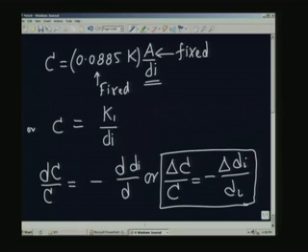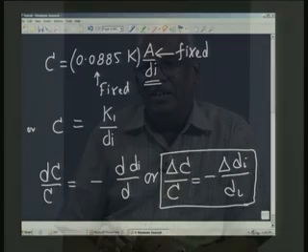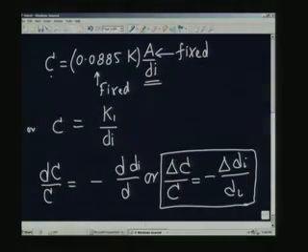So, the change in the capacitance with respect to the capacitance is simply the negative of the change in the distance between the two, delta d, divided by d. So, if the d decreases, the capacitance increases, and if d increases, the capacitance decreases, which is of course true. You can also see here the C itself is equal to A by d, with d in the denominator.